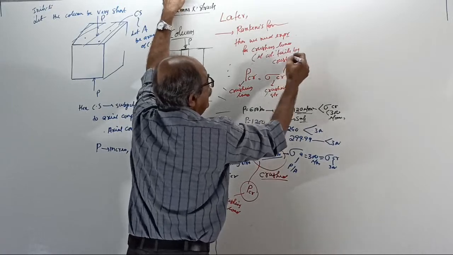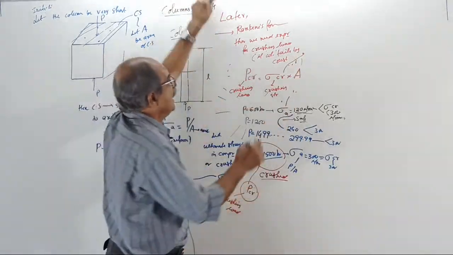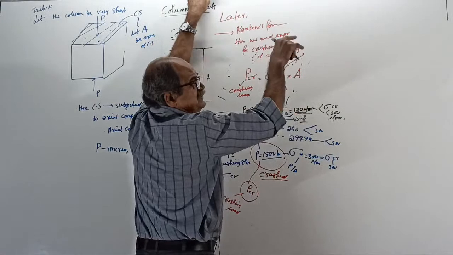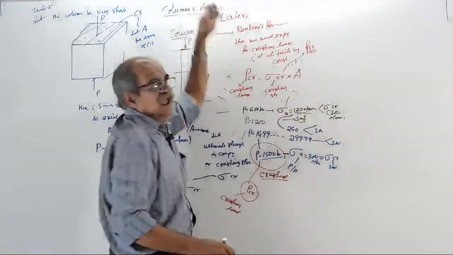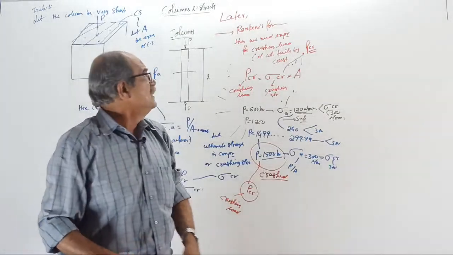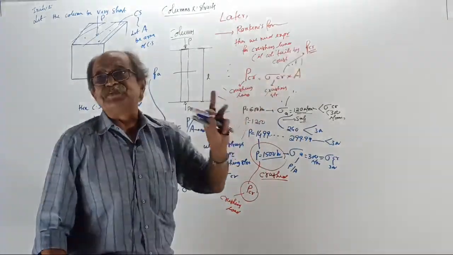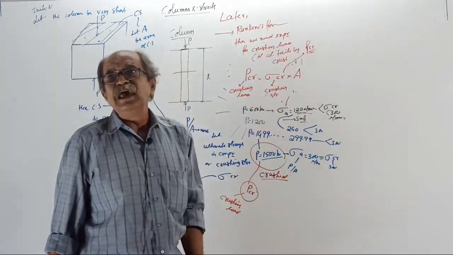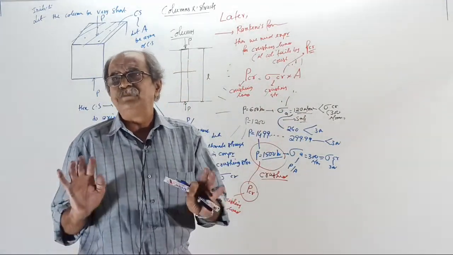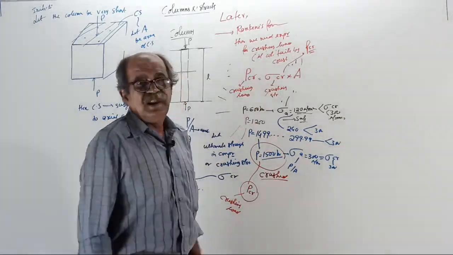You can call it sigma CR in strength of materials, or in RCC or steel you replace it by FCR. If you are going for IS code expressions, instead of sigma CR, call it FCR. In concrete, it is called FCK. In steel we take it as FY for safety reasons. Clear now? Clear or not?